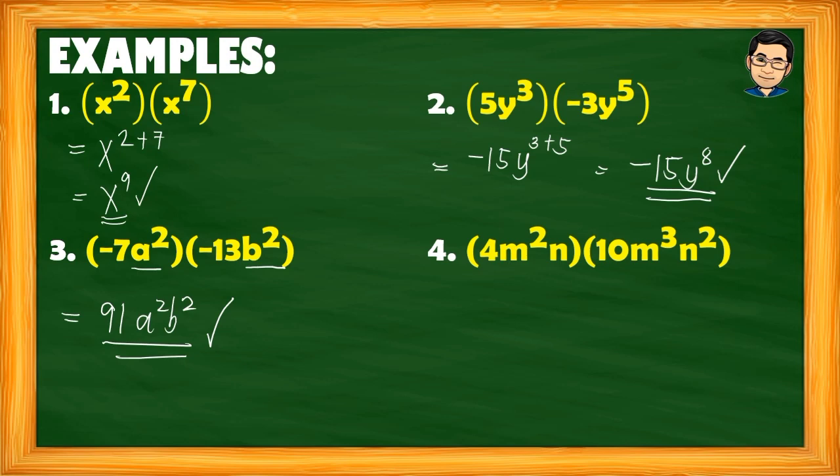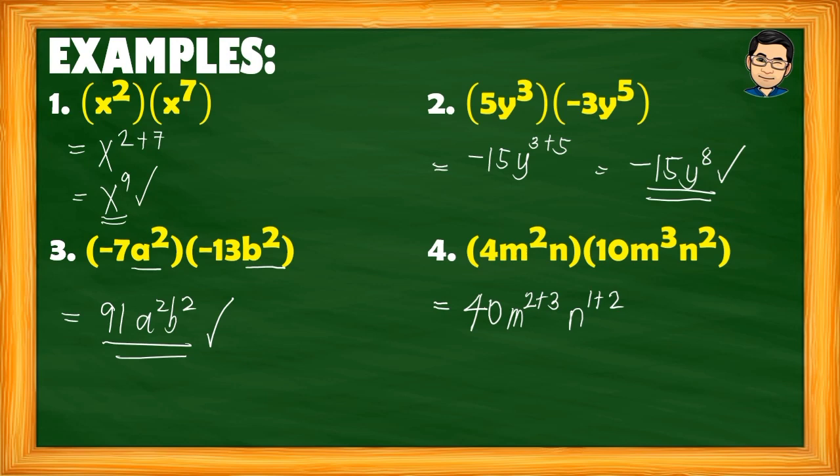Next, 4m squared n times 10m cubed n squared. Okay. So, i-multiply natin yung numerical coefficient. 4 times 10, that is 40. Next, i-multiply lang po natin yung mga same literal coefficients. So, m squared times m cubed, that is m raised to 2 plus 3. Next, n raised to 1 plus 2.